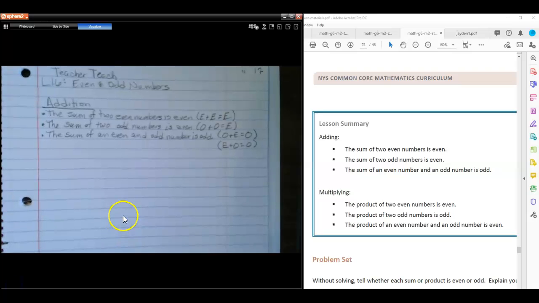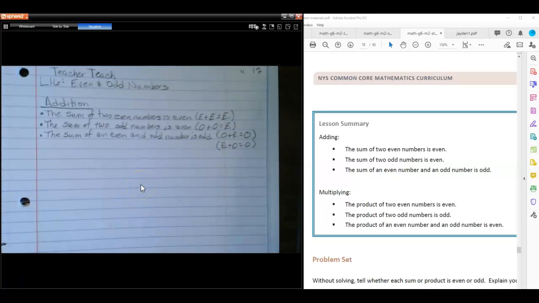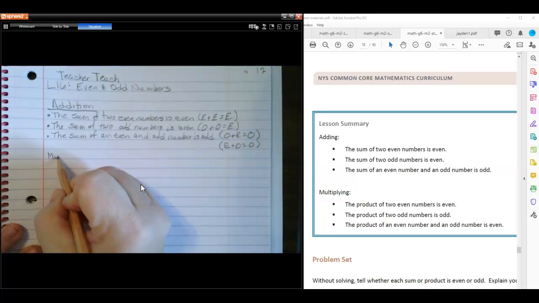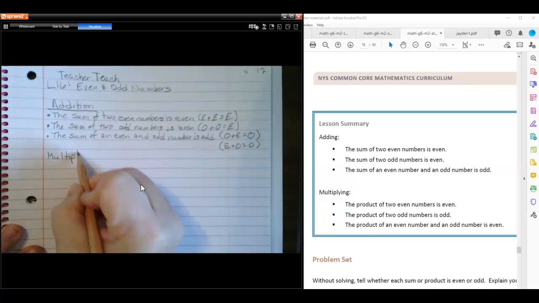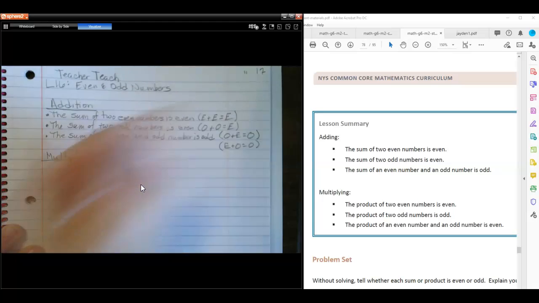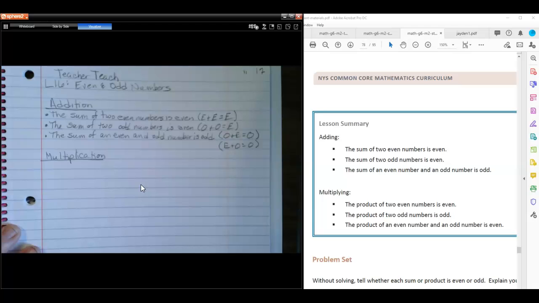Okay, as you can see, I paused a little bit and I have fixed the focus. So let's move on to the multiplication rules. Okay, I want you to write this down as well. Multiplication. Remember, if I write it down, you write it down. So, multiplication. The product of two even numbers is even.